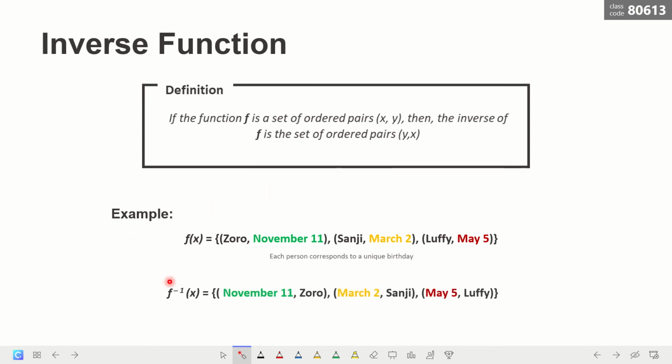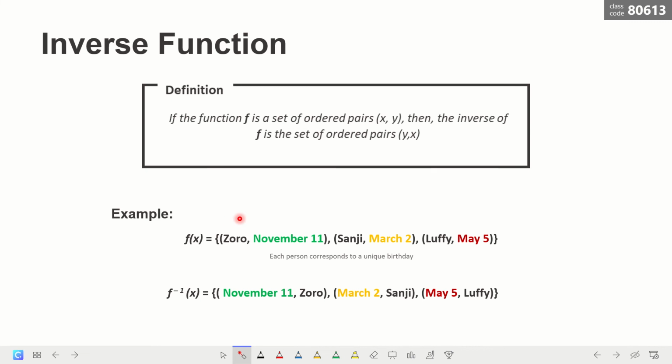okay, so the inverse of this function, ang gagawin natin, so sabi dito, di ba, the ordered pairs of our inverse is y, x. It is, so by interchanging the ordered pairs of our original function. So yung x natin dito will become the domain.